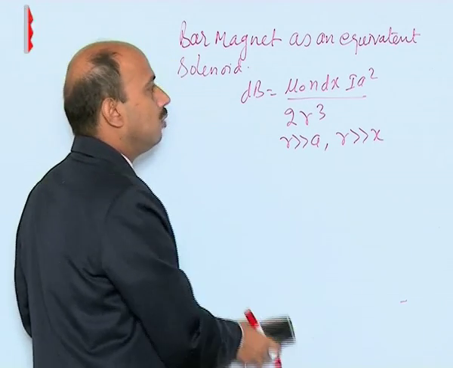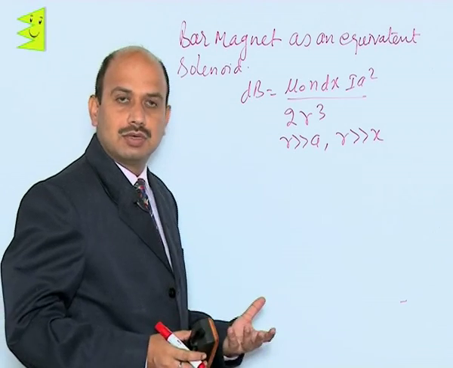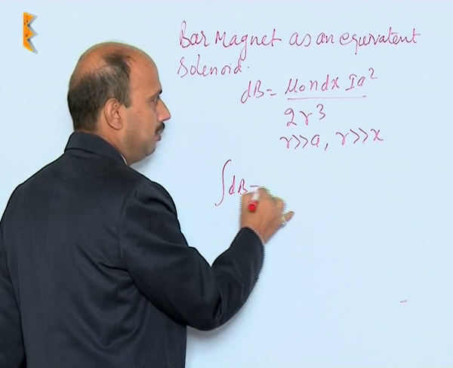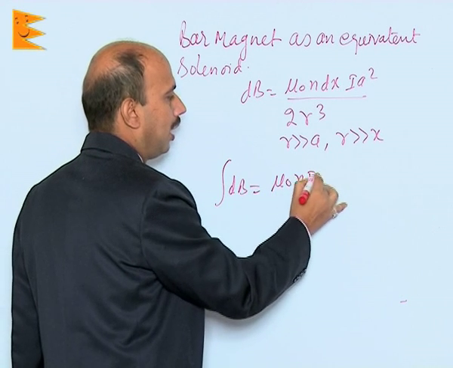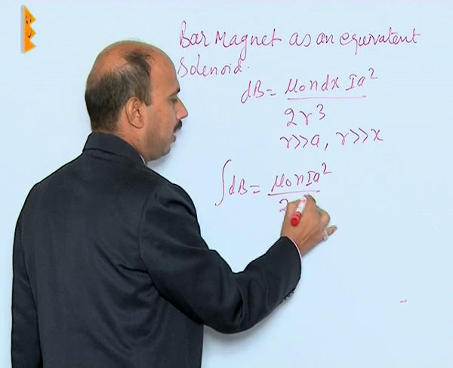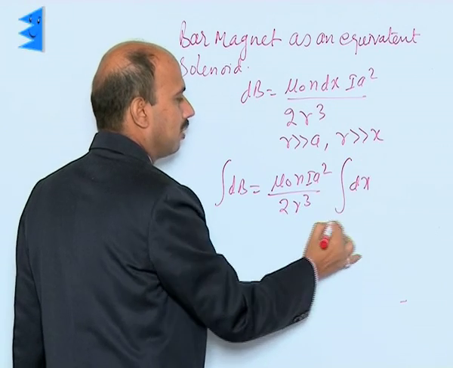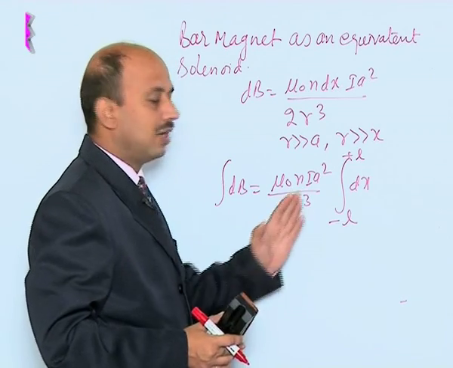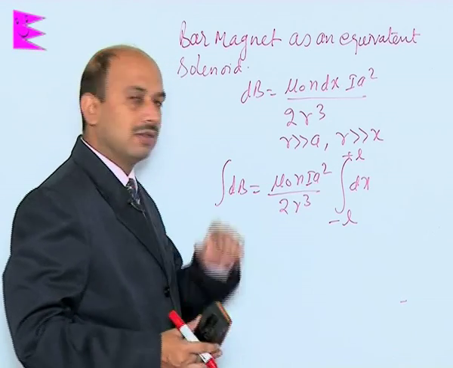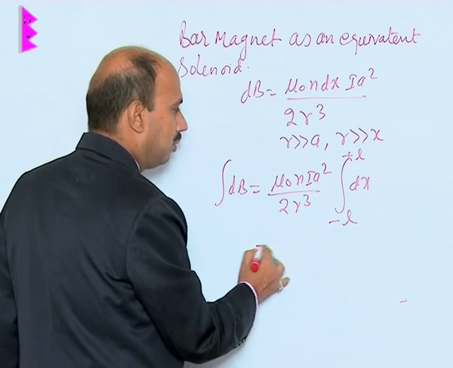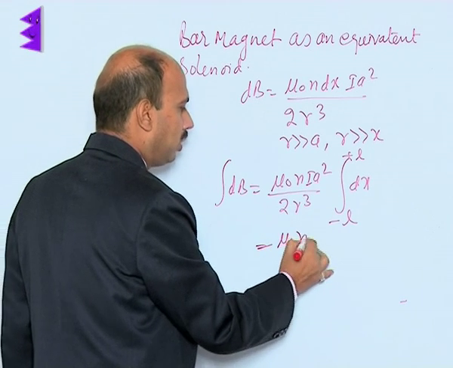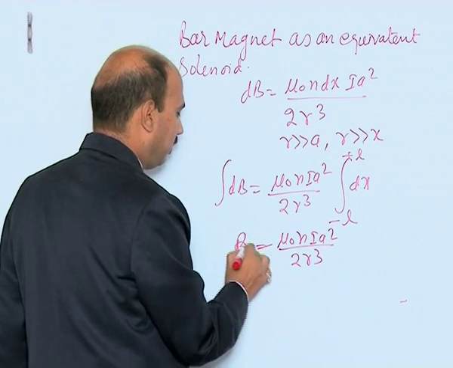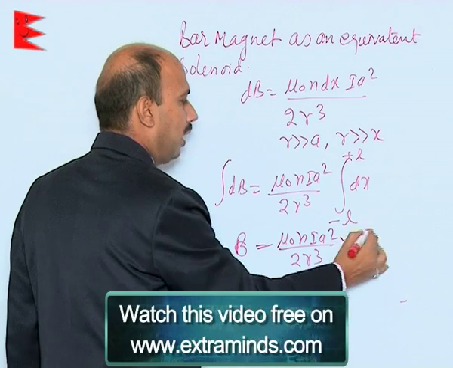So, now we can also get the total magnetic field. The total magnetic field can be obtained by integrating it. dB is equal to mu naught n I A square upon twice of r cube, dx from minus L to plus L. So, from the center of the solenoid, the right side is plus L and the left side is minus L. When we integrate it, we will get mu naught n I A square upon twice of r cube, that is the total magnetic field B, into 2L on integration.